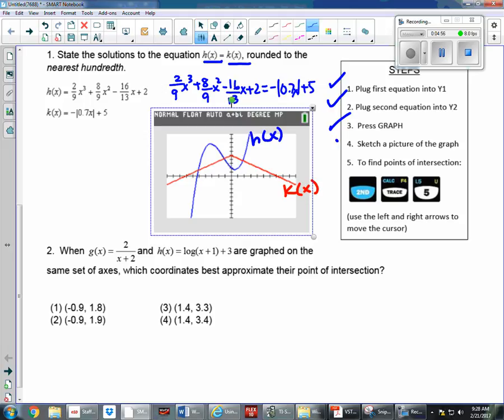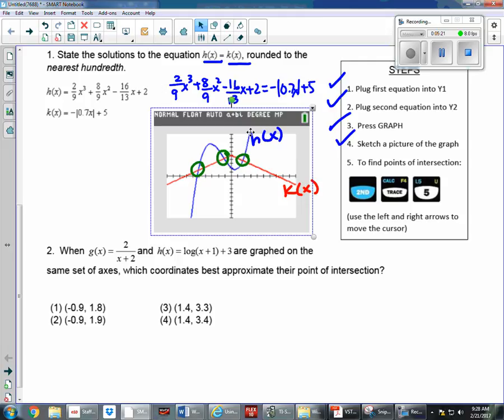Now, if you look at this picture, it's sort of like the do now. How many points of intersection are there? 1, 2, 3. I see 3 points of intersection. Unlike the do now, they're not at whole numbers or integer values.